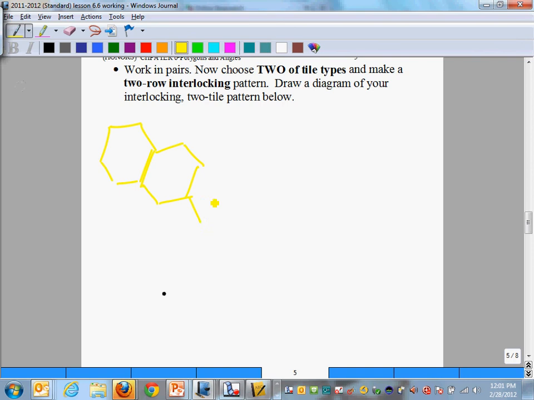All right, guys, you should now be drawing your pattern, whatever it is. I've gone around and observed you guys. Okay, and then I saw yellow and red.